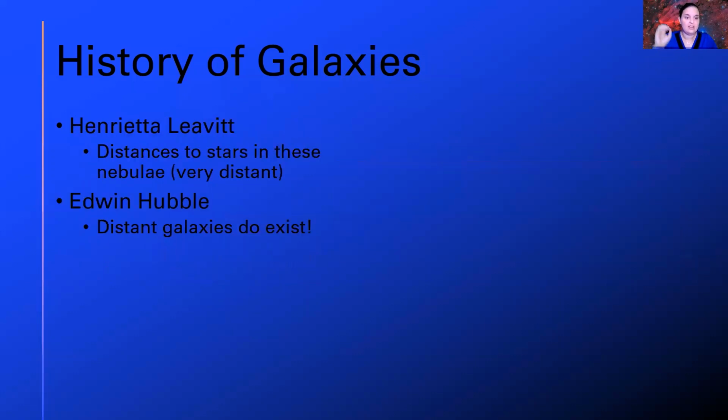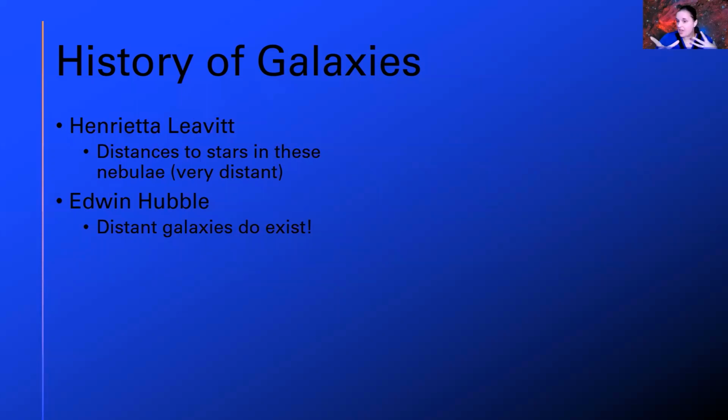It was Henrietta Leavitt and Edwin Hubble that basically laid the groundwork to say, these are indeed own island universes. They exist far outside our galaxy. So Henrietta Leavitt was able to figure out a means of figuring out the distances to these stars in these very distant nebula.